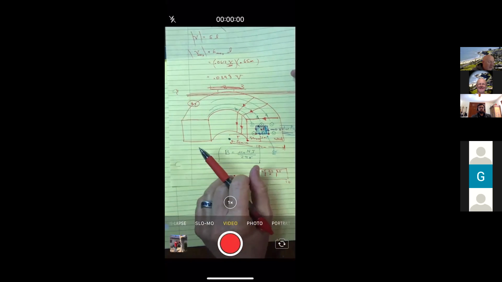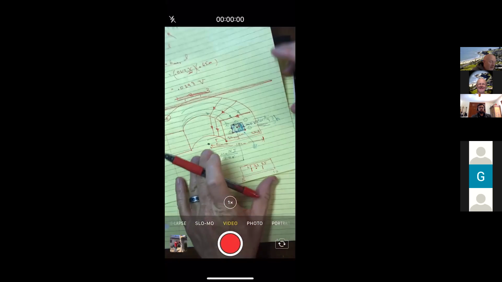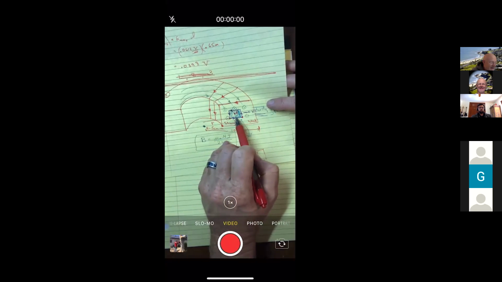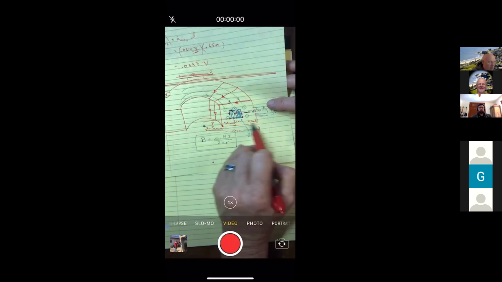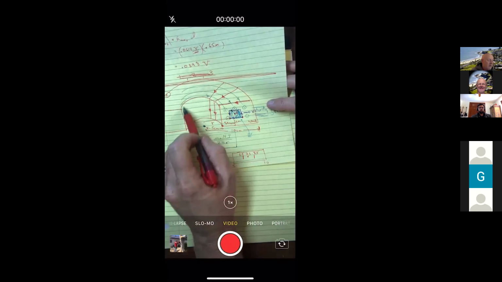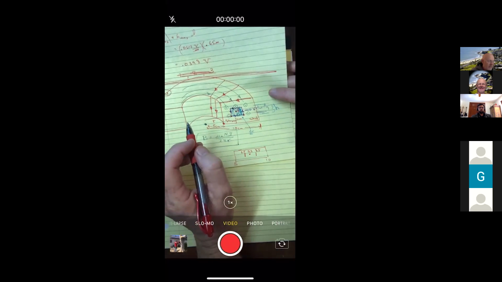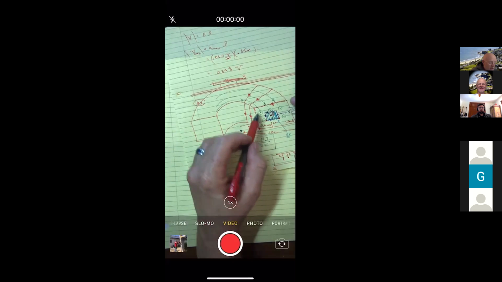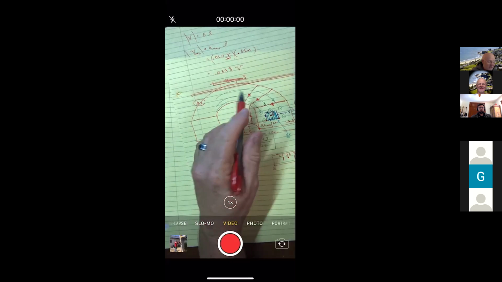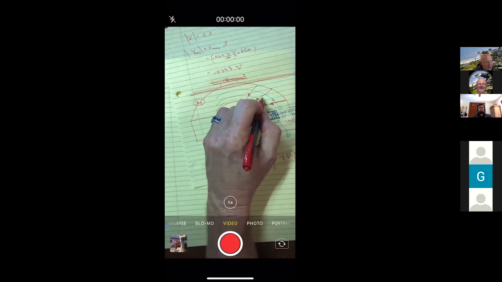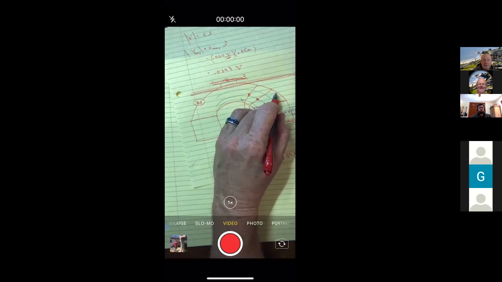Now, it is quite possible that the EMF we're talking about is not the EMF produced in a secondary object, but in the original object that is making the field. And if that's the case, then you can't have a change in flux because the object is actually moving, but you could have a change in flux because the current is moving.